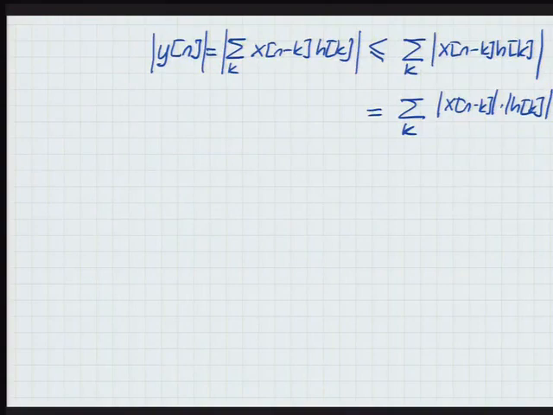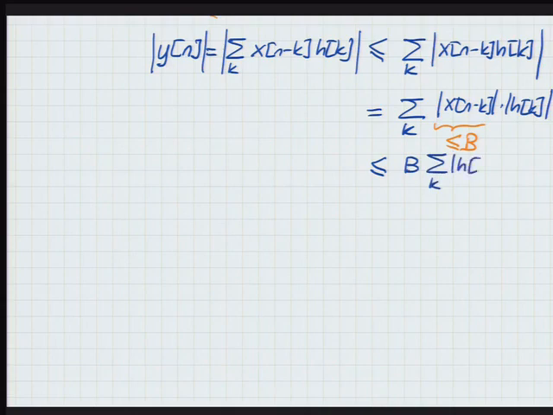That means I have a bound on it, a b, that this is always less than. So would you agree with me if I then said this must be less than b times the sum over k of the absolute value of h of k? Inside the summation, you have your h values. They are getting multiplied by a different number every time, but that number is always at most b. So if I pretend that it's always b, that's only an upper bound. And then I can take b out of the summation.